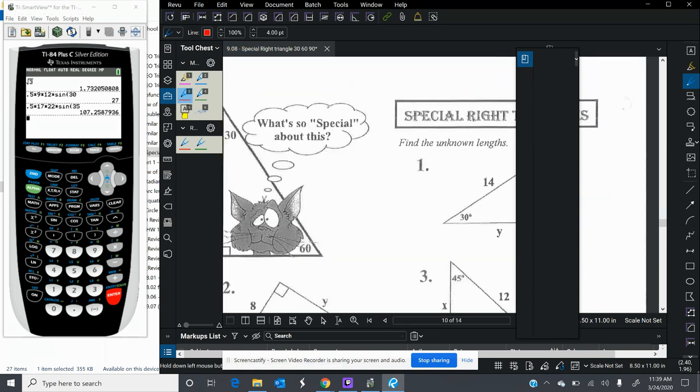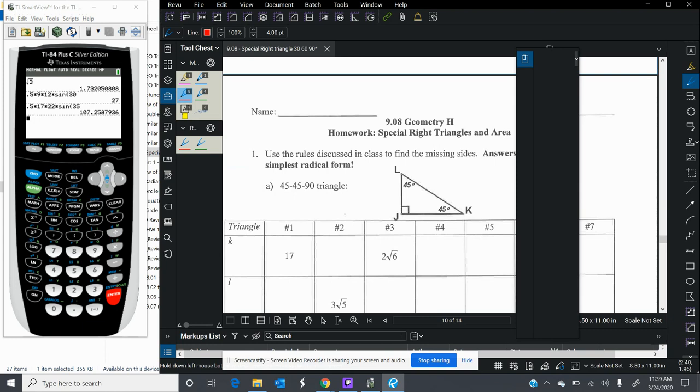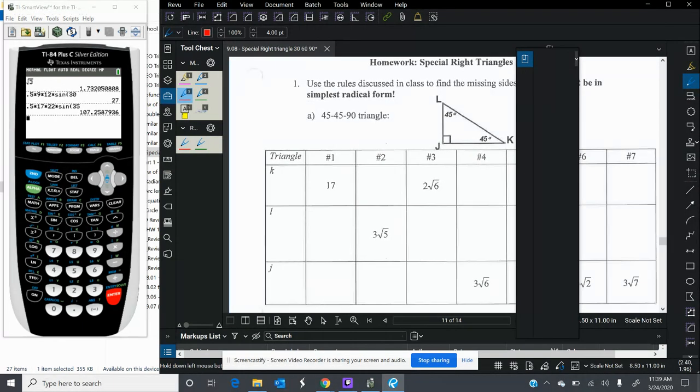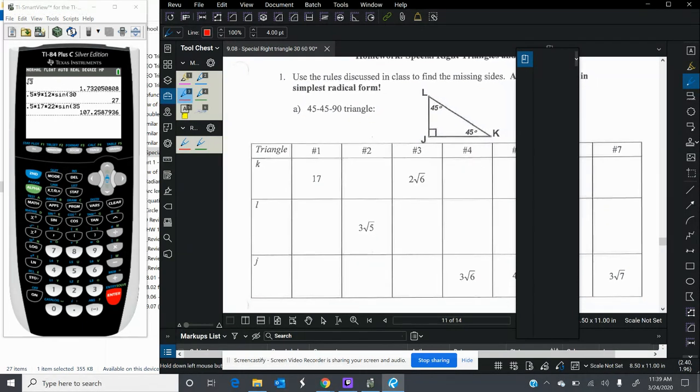Fast forwarding to the homework, I know a lot of students usually struggle at the very first page. I just want to explain. Using this diagram, use the rules discussed from the 30, 60, 90, or in this case, this example is 45, 45, 90. So here, each column, number 1, number 2, number 3, number 4, is me changing the measure of each set aside.